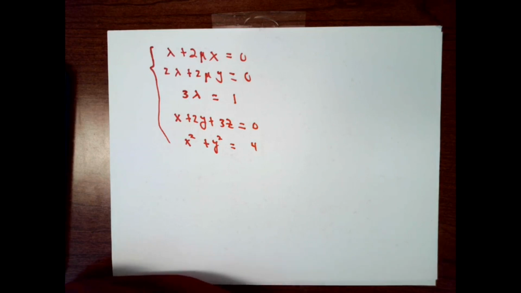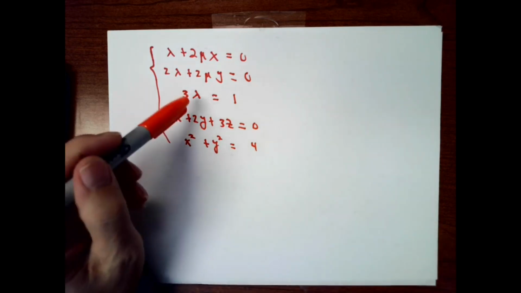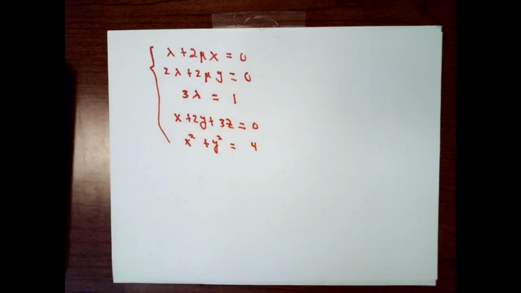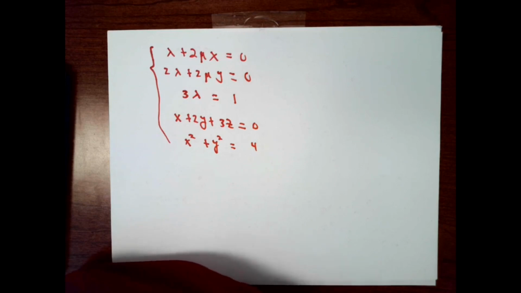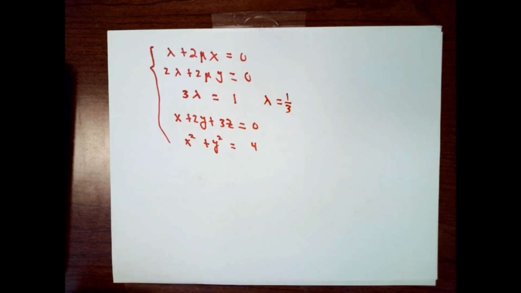Looking at all of these equations, there's one that I like a whole lot more than any of the other ones, and that would be that one. 3 times lambda needs to be 1. Lambda has to be 1/3.